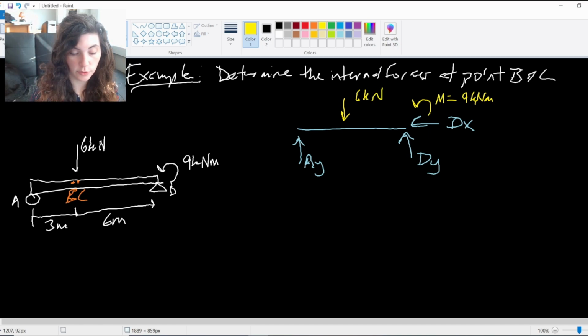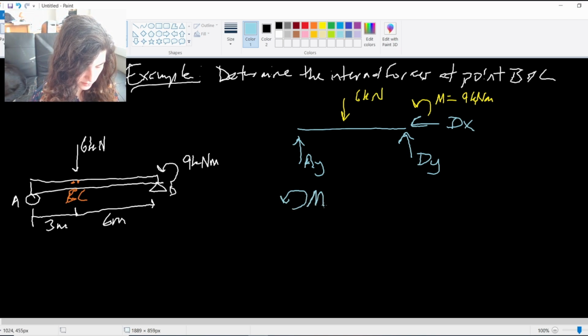So now with this free body diagram, I can go ahead and set up and solve my equations for the reactions. For this example, I'll take a moment at D so that I can find what Ay is. I take the sum of moments about D equals 0, and set up that equilibrium equation.